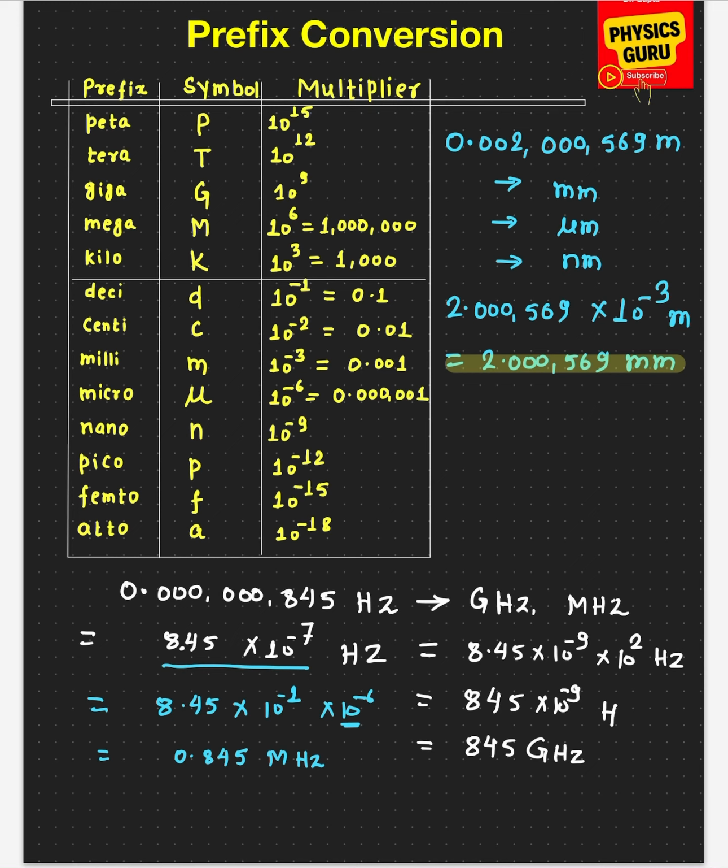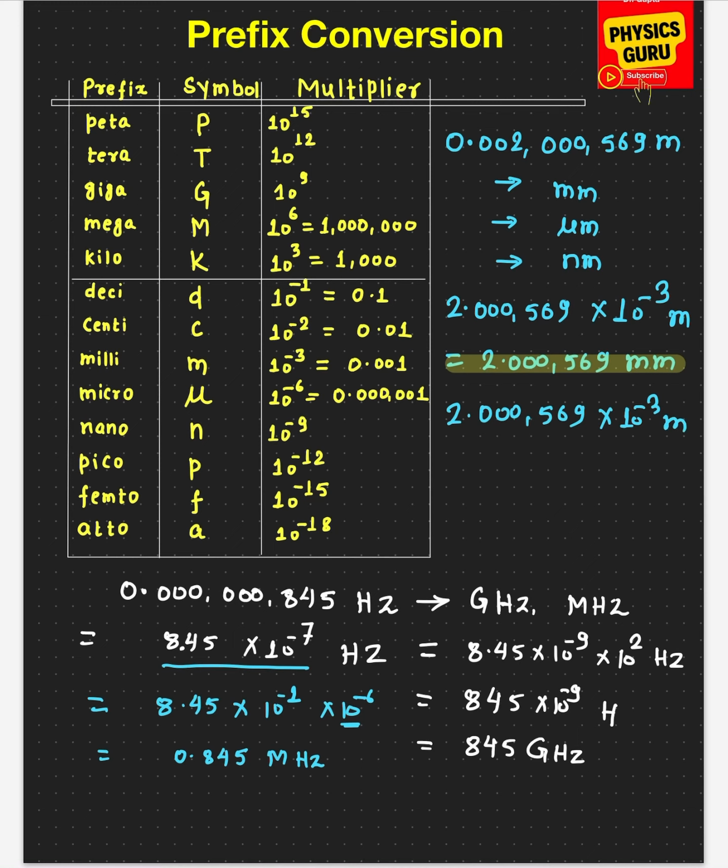And now I have to convert into micrometer. So how do I do that? Let's come back to this point one more time. Let me write down that number one more time: 2.123569, and this is 10 to the negative 3. What does micrometer mean? Micrometer means 10 to the negative 6.